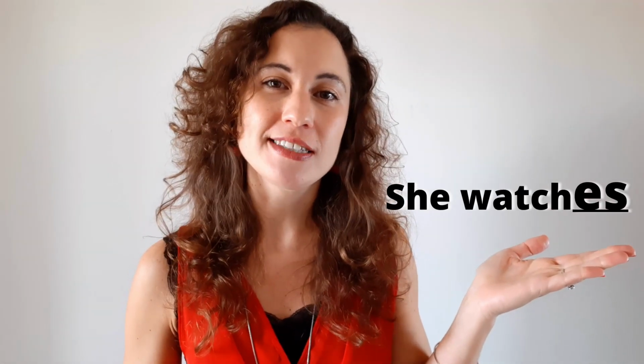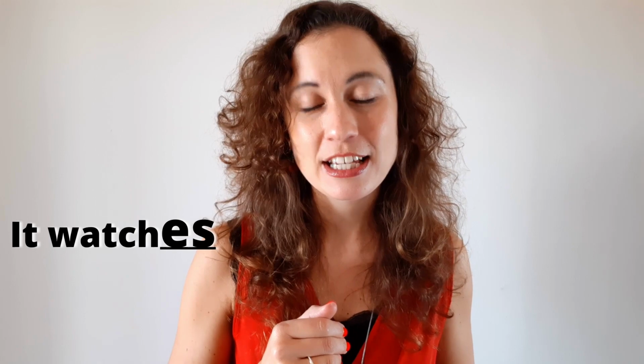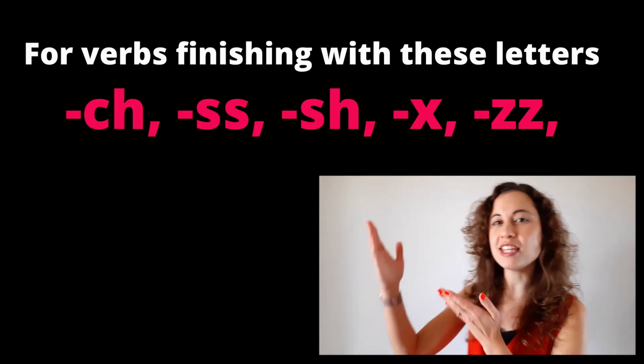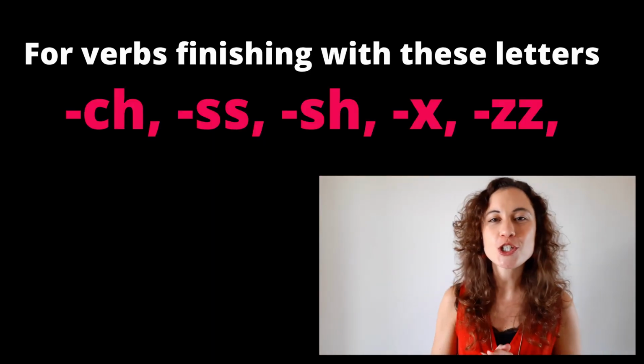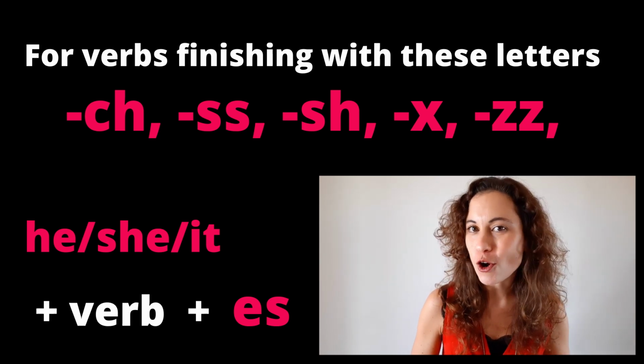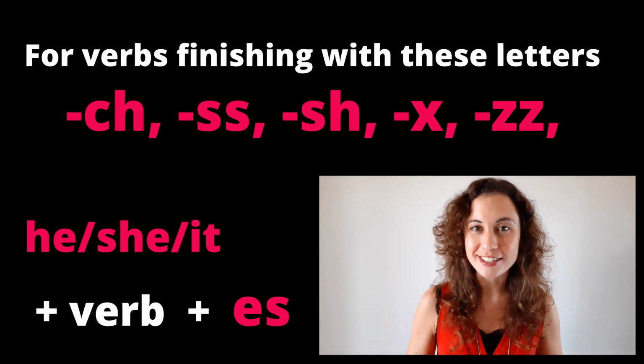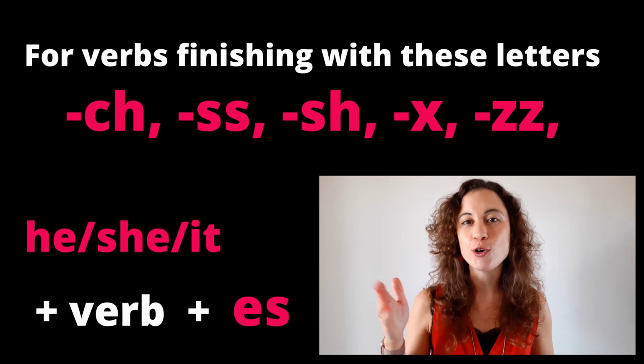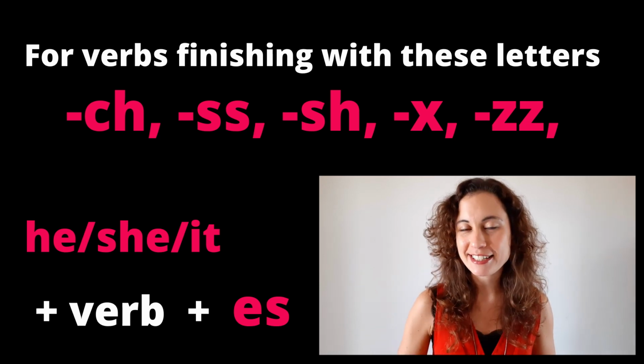She watches with ES. It watches with ES. We watch. You watch. And they watch. For other verbs like watch that finish with these letters, you should remember to add ES to the end of the third person. So to the end of the form for he, she, and it.